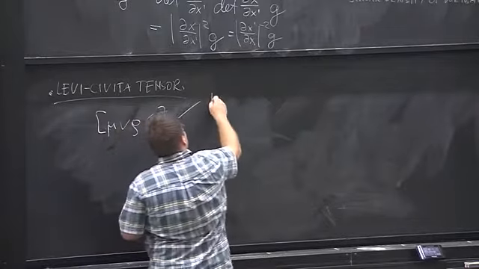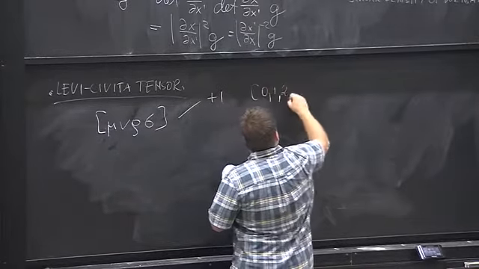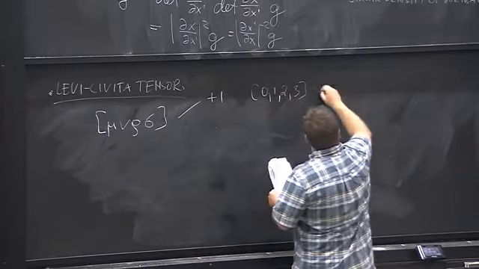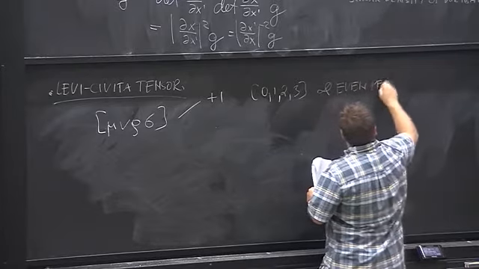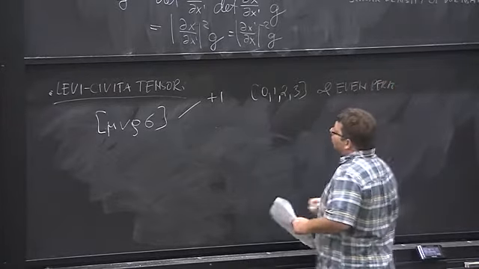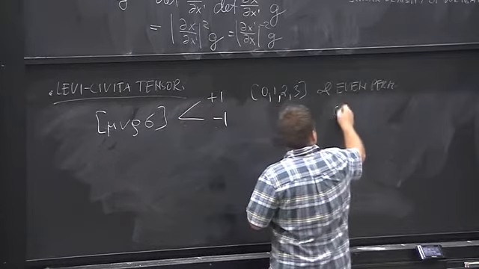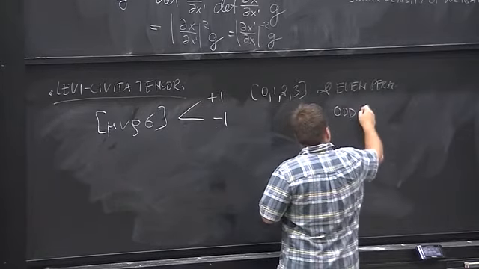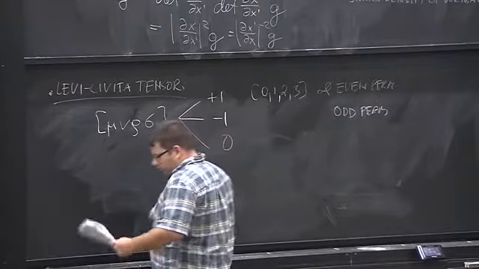You define it to be +1 if it's 0, 1, 2, 3 and even permutations, and then -1 for odd permutations, and 0 otherwise.